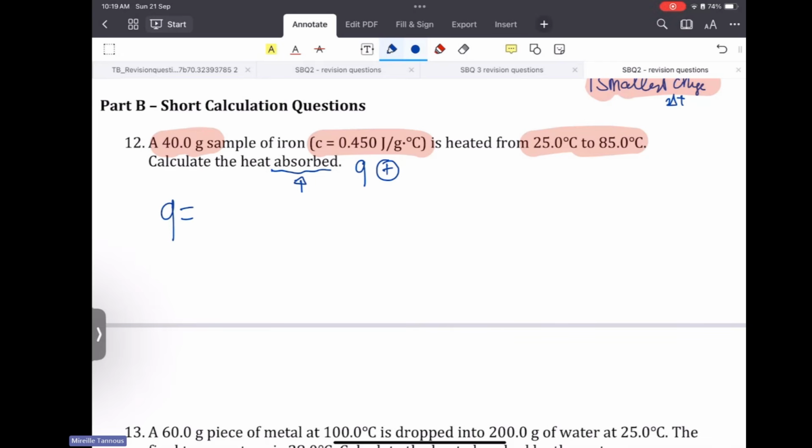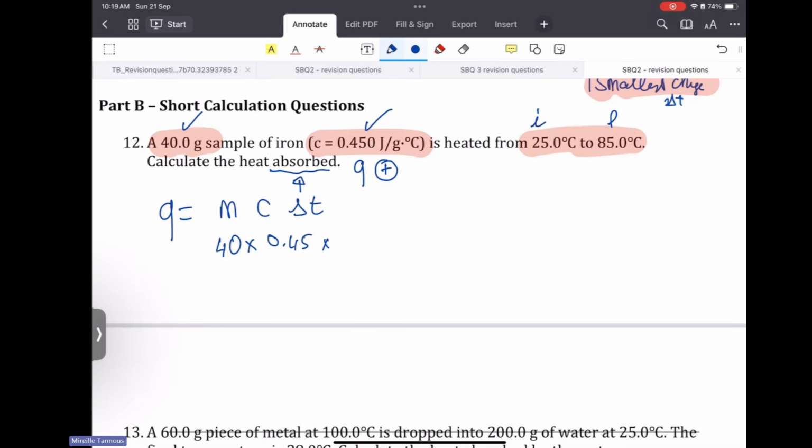So Q equal MC delta T. The mass is given. The C is given. And the delta T, that's the initial, and that's the final. So it's 85 minus 25.